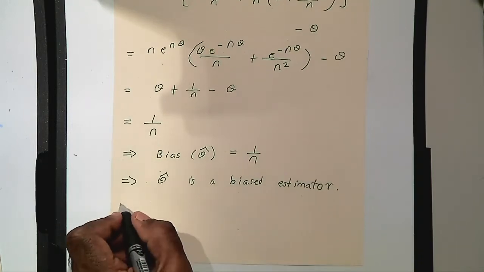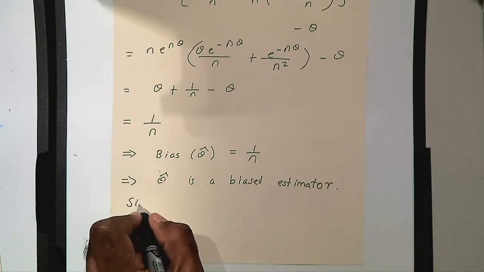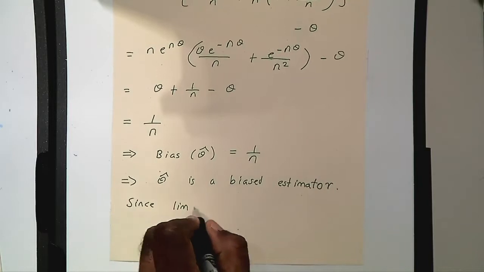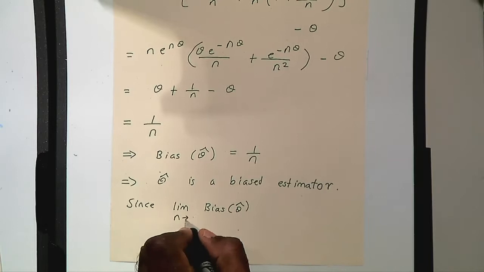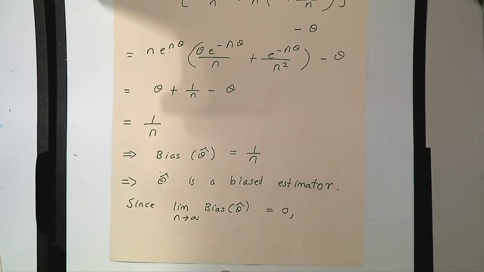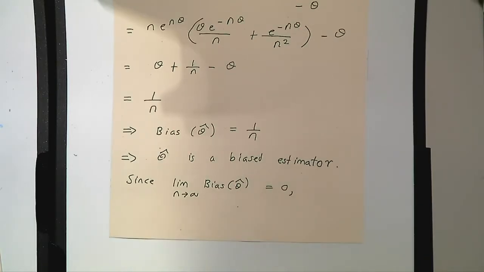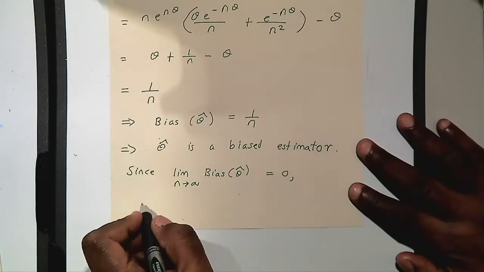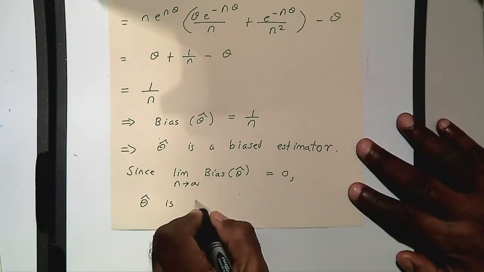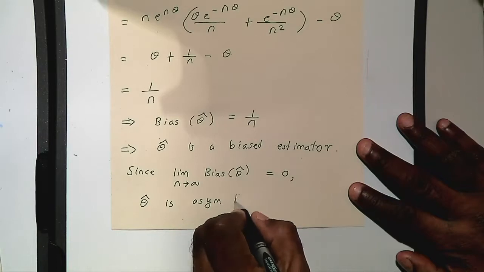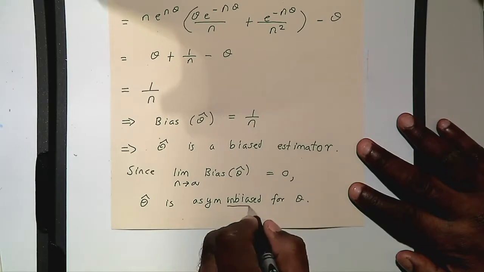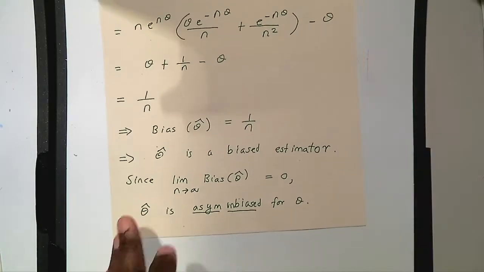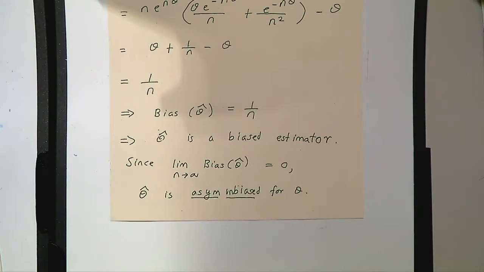However, since the limit of the bias as n goes to infinity is 0, remember the limit of 1 over n is 0, right? Theta hat is asymptotically unbiased for theta, okay?